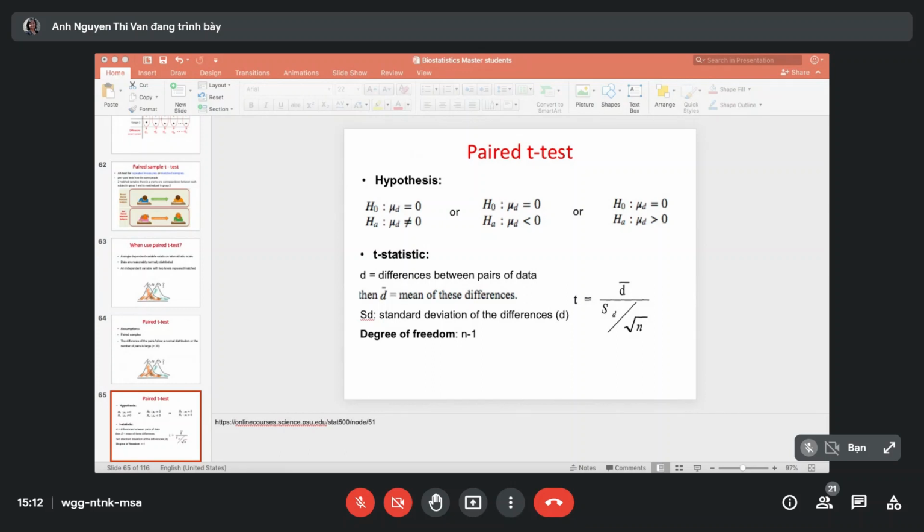Yes. So when μD is different from 0, what does it mean?